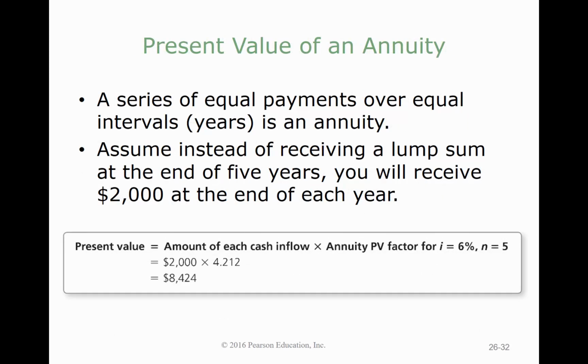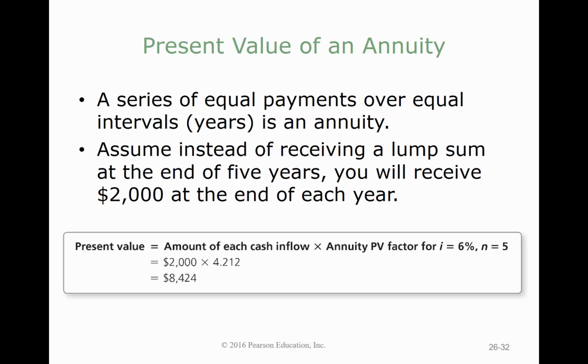So the present value of an annuity is a series of equal payments. So assume that instead of receiving a lump sum at the end of 5 years, you'll receive $2,000 at the end of each year. So if I'll get $2,000 a year for 5 years, what's the present value of those cash flows? So the way you do it is the same way, except it's another table that shows the present value of an annuity. You put the number of periods and the interest rate, bring your fingers together, it gives you a factor.